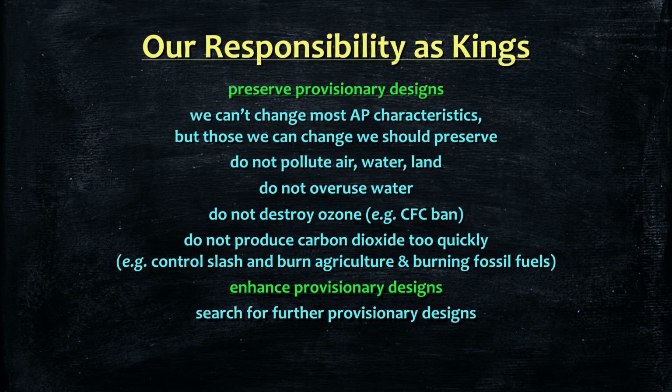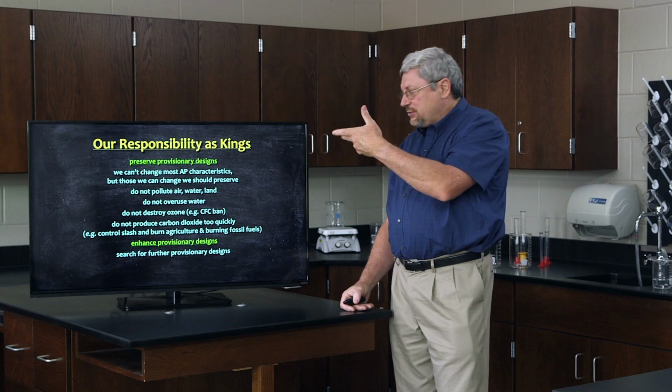Besides the preservation of the Anthropic Principle designs, we need to find ways also to enhance the incredible design of the planet. As we found with CFCs, there are other ways to do the things that we do that do not have negative side effects. Find alternate ways of getting energy than burning fossil fuels that do not have side effects that would be dangerous to life.